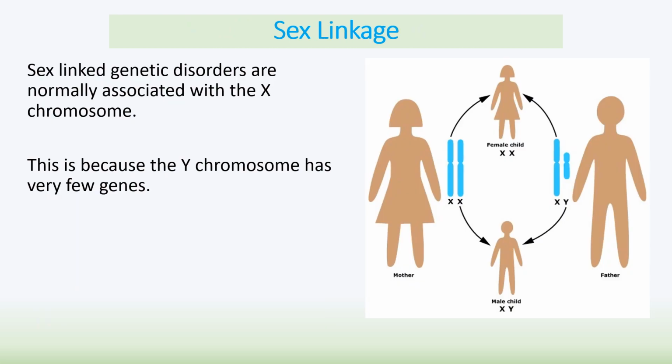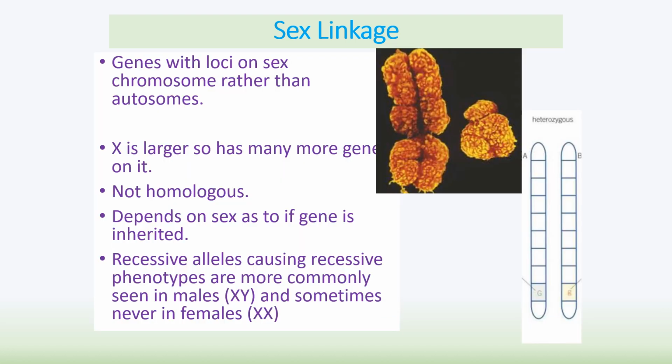Sex linkage is when there is a genetic disorder normally associated with the X chromosome. People often mistake this. Very few examples are linked to the Y chromosome because there are so few genes. So in your specification, we're only talking about X chromosome sex linkage. Basically, genes with loci on the sex chromosomes rather than the autosomes are the ones that cause sex linkage. We said a moment ago the Y is so small, it doesn't have many genes.